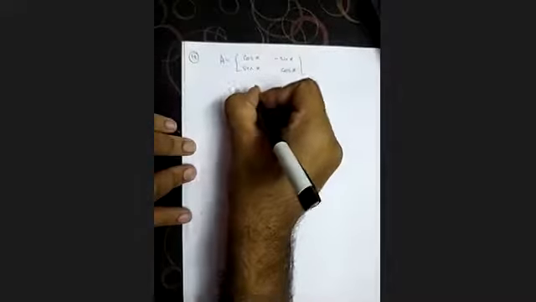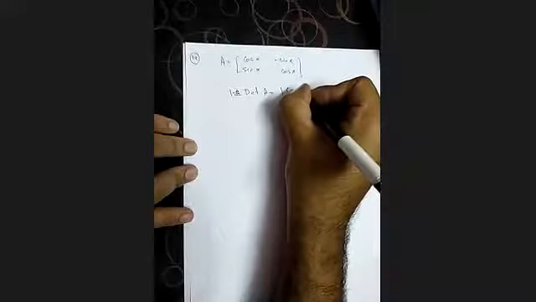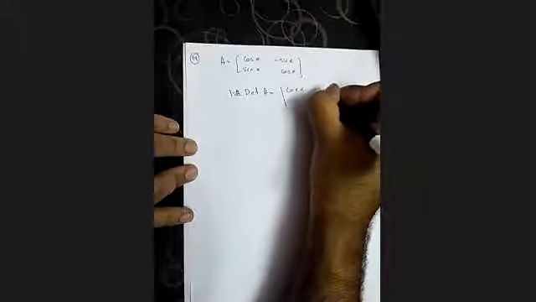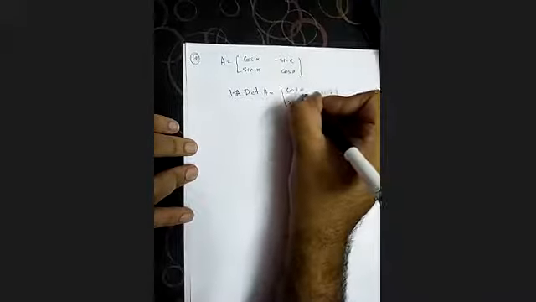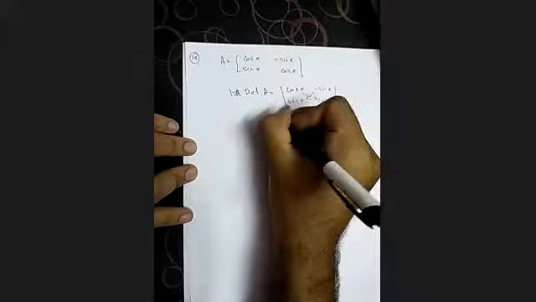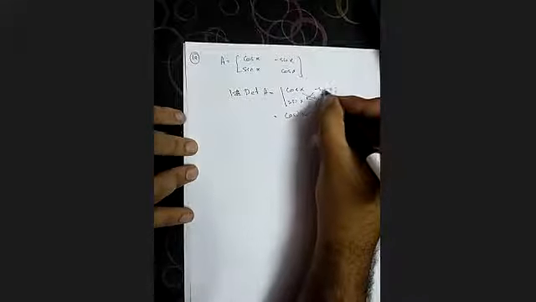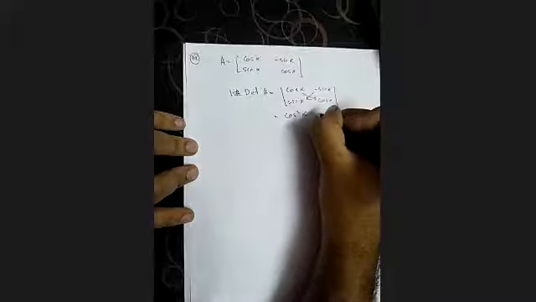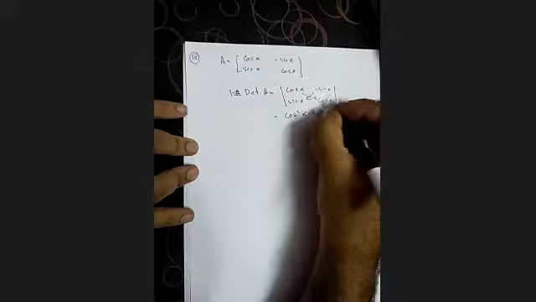Before finding the adjoint, I am going to find the determinant of A. That will be cos alpha, minus sin alpha, cos alpha. Find the determinant: cos alpha into cos alpha, cos square alpha, minus of minus sin alpha into sin alpha, sin square alpha.